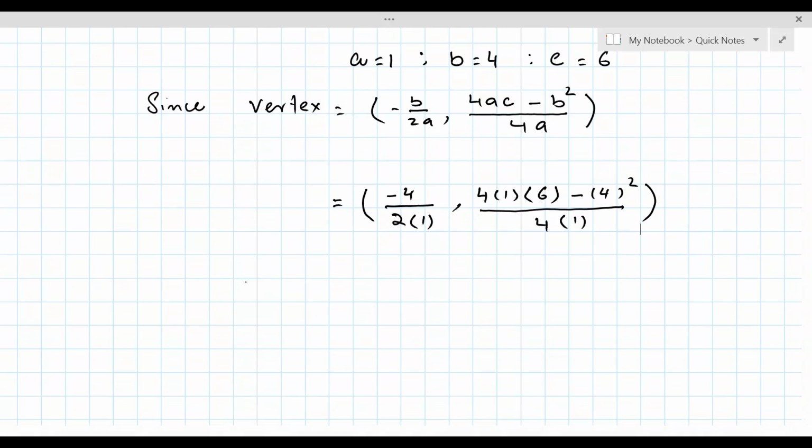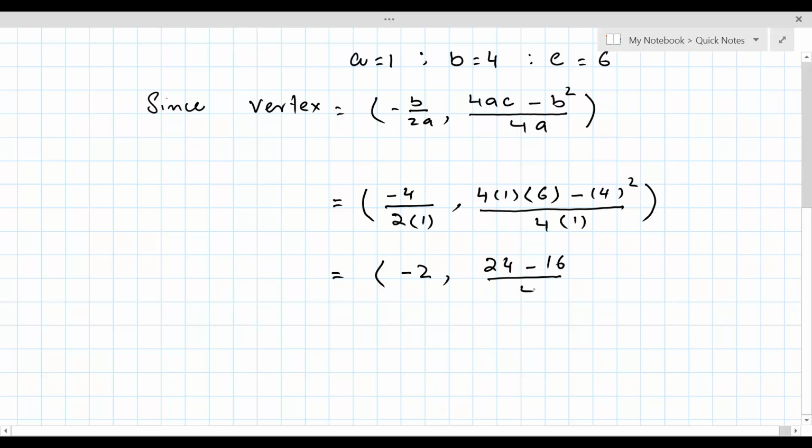So this will give us the x coordinate and y coordinate of the vertex. The x coordinate is minus 2 and this is 24 minus 16 divided by 4, and this is equal to 2. So minus 2 and 2 are the coordinates of the vertex.